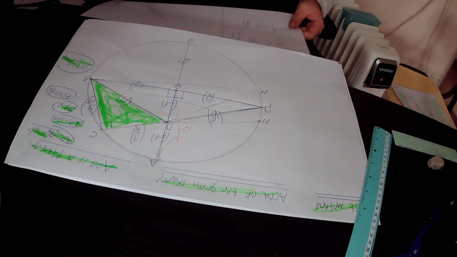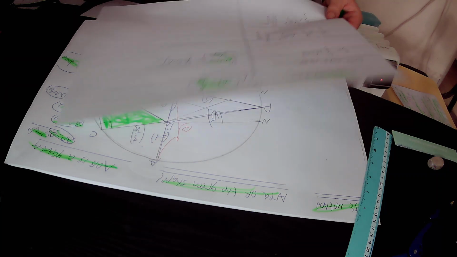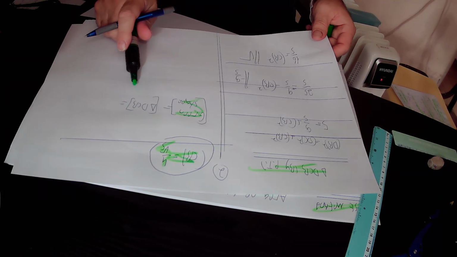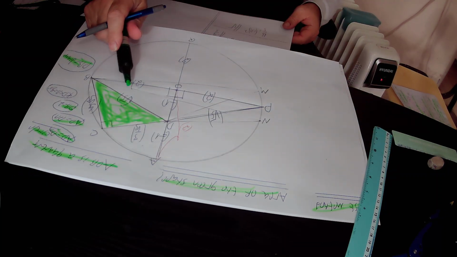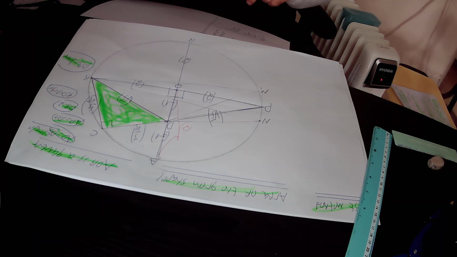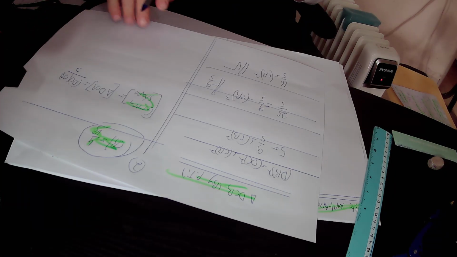Our task is to find out the area of this green shape, and the green shape is the green triangle DCB. The area of this green triangle DCB equals the base DC times the height CB over 2.